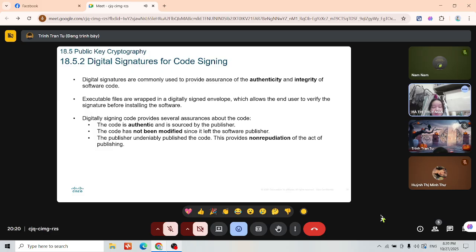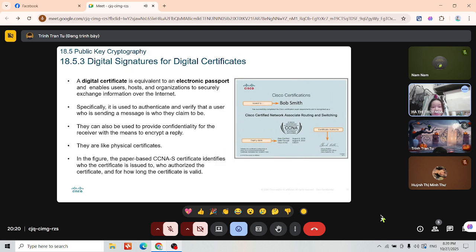Next, Part 18.5.3 Digital Signature for Digital Certificate. A digital certificate is like an electronic ID card used online.